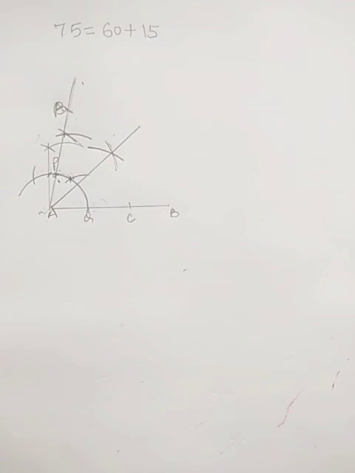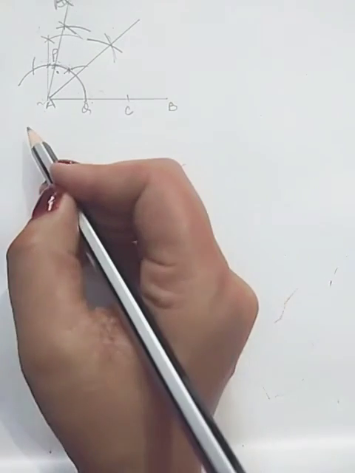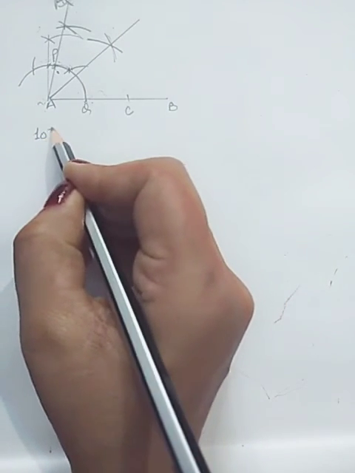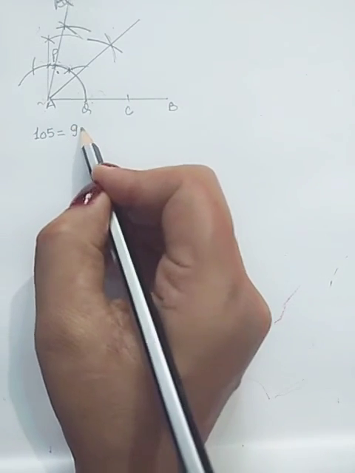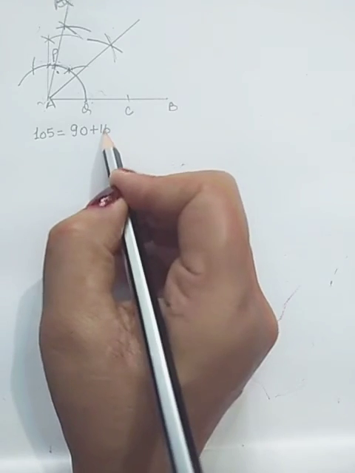Now let us draw an angle of 105. How can we get an angle of 105? You can see 105 can be written as 90 plus 15.